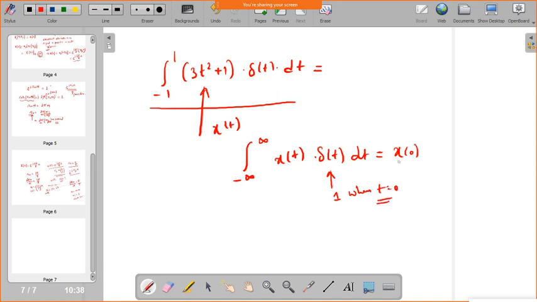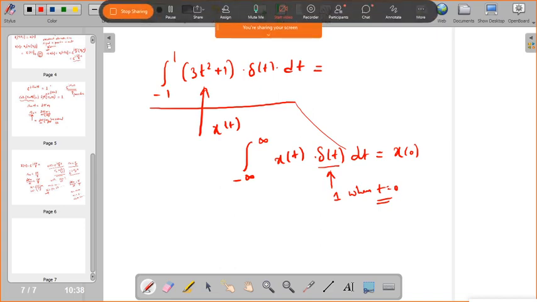So now we will get x of 0. Here, whenever t is there you have to replace it by 0, since the delta function becomes 1 when t equals 0.